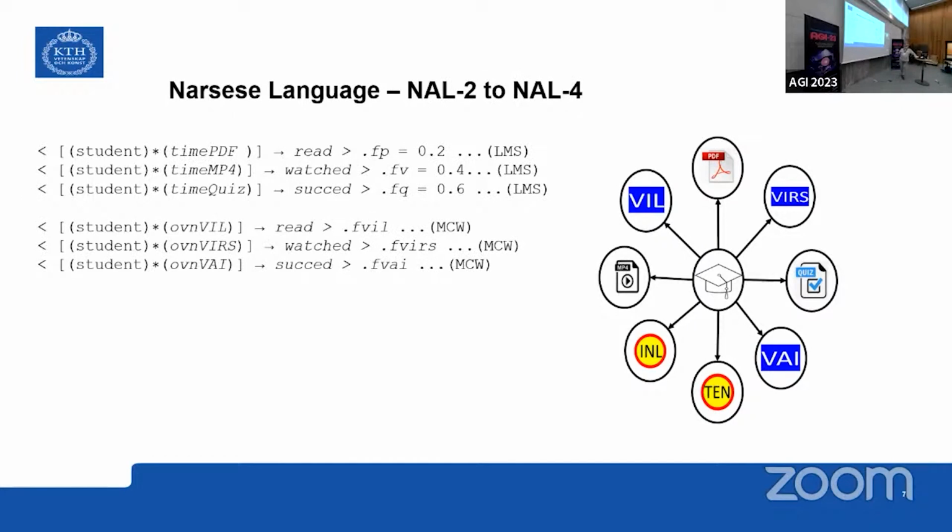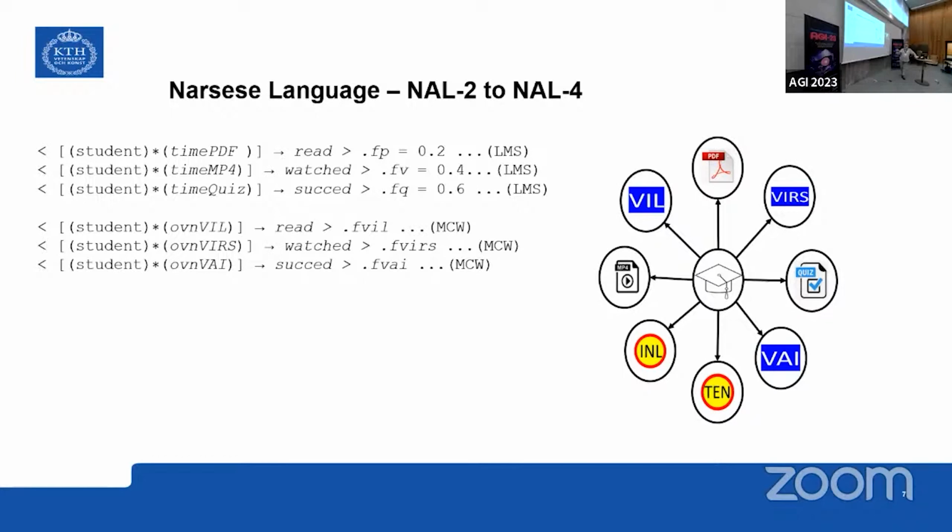Then on the second level, from null 2 to null 4, we declare if students read the PDF, then we can get information from Canvas, or watched a video and so on in Canvas. And then this is statistical data from Möbius.